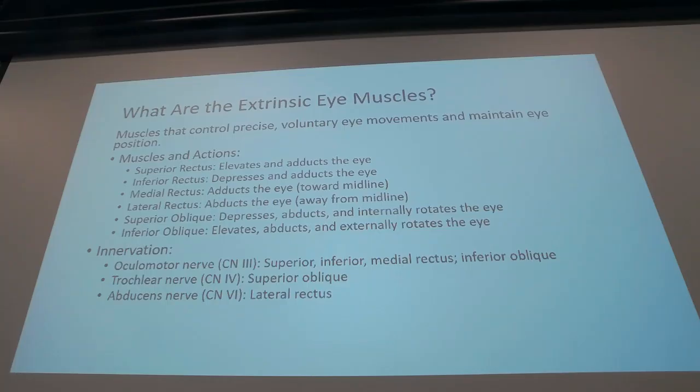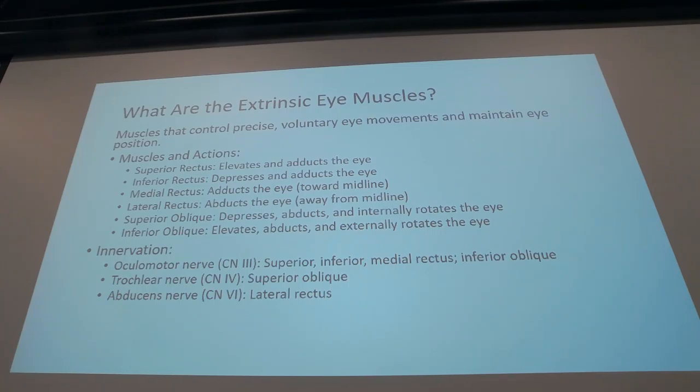The muscles of the eye insert into the outer region of the eye, which is the sclera. So these muscles help to control the movement of our eyes precisely and help us to focus on an object so that we can see with sharpness.